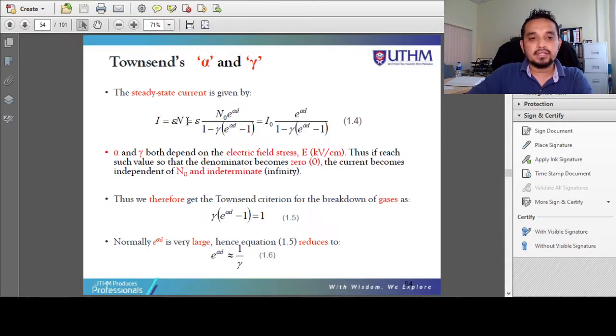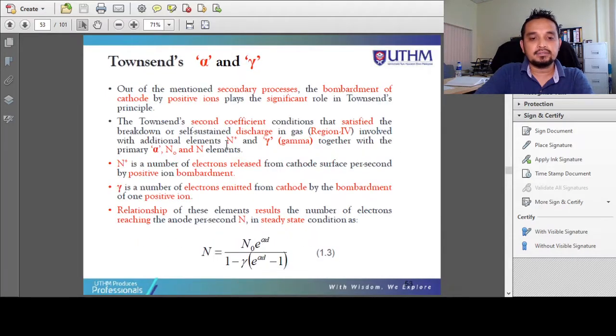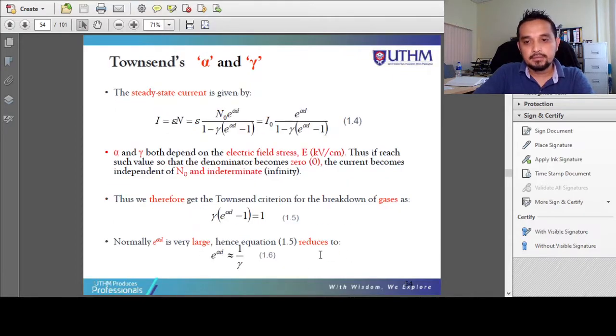In the steady state conditions, the current is equal to e times n, in which n is equation 1.3, which is equivalent to e n naught e to the power of alpha d divided by 1 minus gamma times e to the power of alpha d minus 1. This equation we rewrite as 1.4.